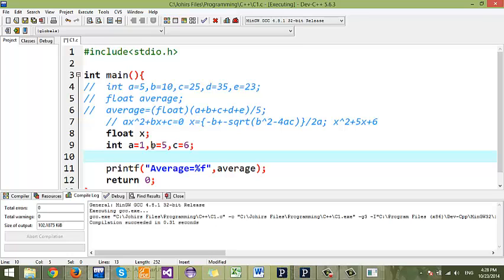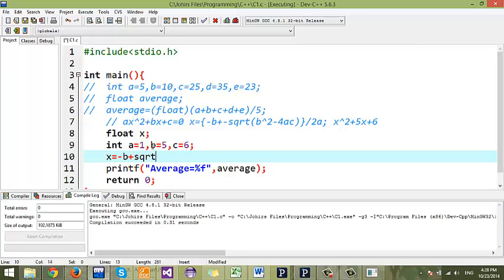What is the value of x? x equal to minus b. We cannot write plus minus at the same time in a programming language. Let's first calculate it. Plus minus b plus minus square root sqrt.